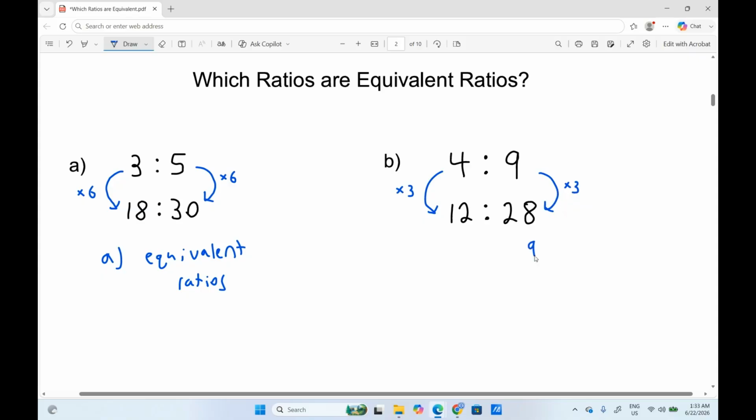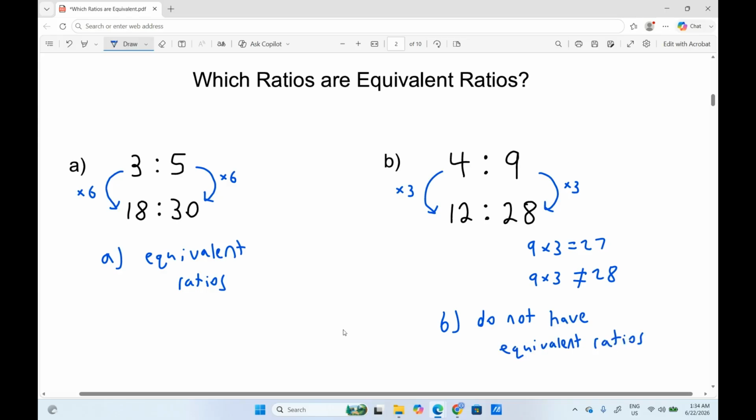Because technically speaking, 9 times 3 equals 27. 9 times 3 does not equal 28. So hence, for B, I do not have equivalent ratios. So that's the other way we can solve to see if ratios are equivalent or not.